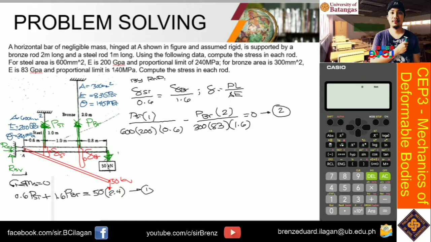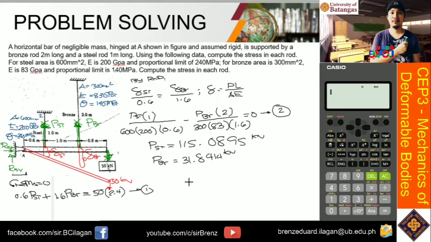Okay, so the P in steel is equals to 115.0895 kilonewton. And dun sa isa, for the bronze, that is equivalent to 31.8414 kilonewton.